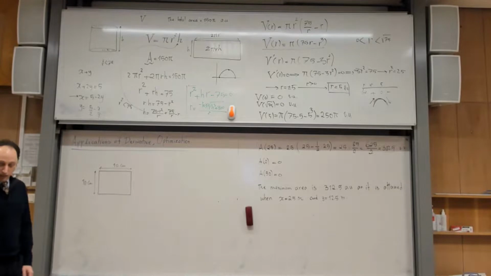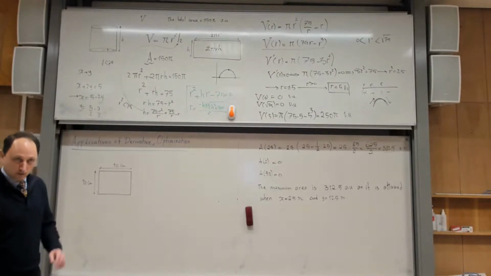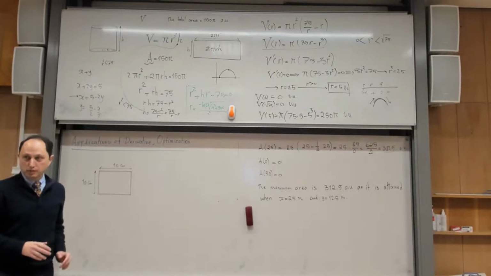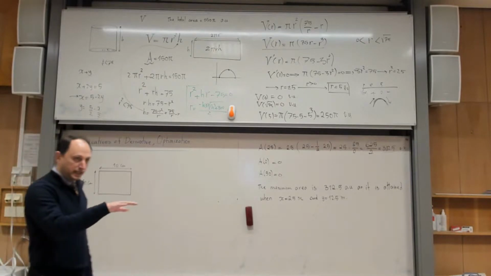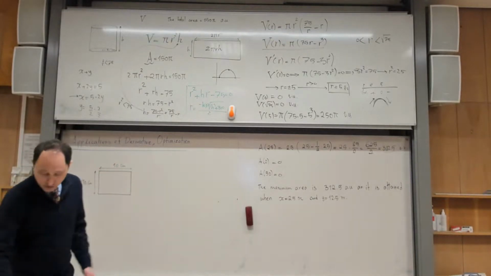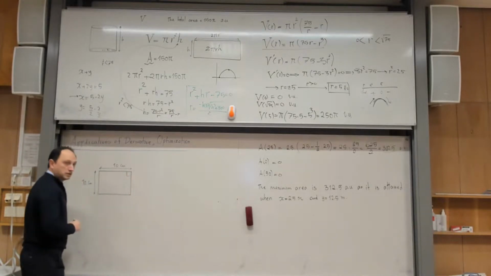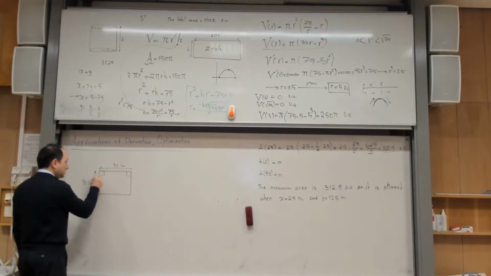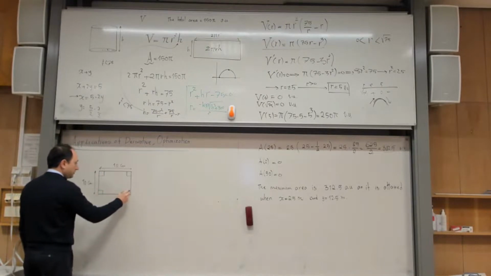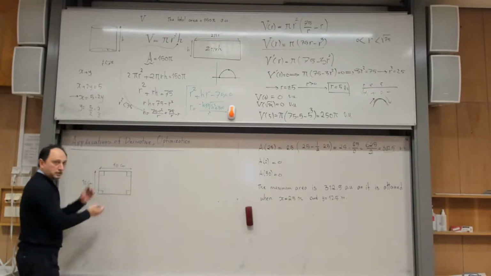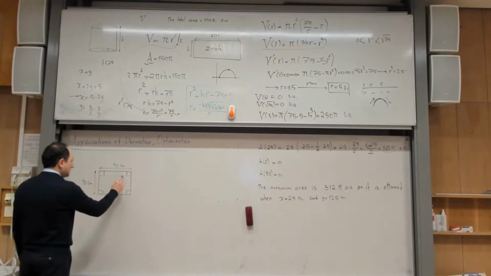I want to make a box out of it, an open box. I mean that there is no lid on top of that, okay? So how? By cutting some squares of the same size, and fold these up. Yes? You can imagine, yes?